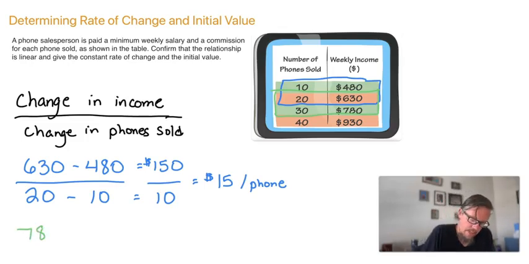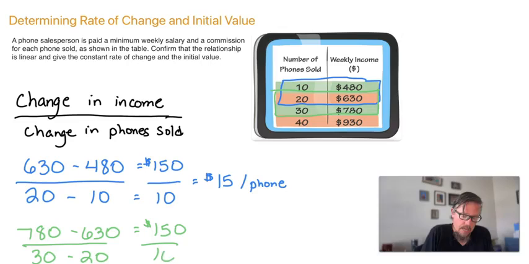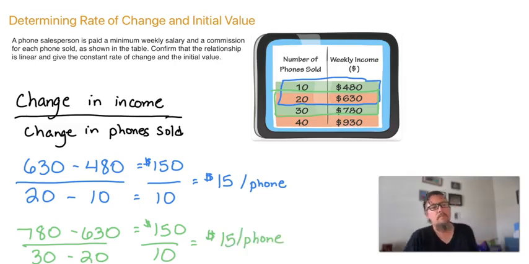We had $780 minus $630. 780 minus 630 is $150. And from 20 phones to 30 phones is again 10 phones sold. 30 minus 20, an increase of 10 phones. And as we learned on the last problem, 150 divided by 10 is 15. So we got $15 per phone again. Constant rate of change still.